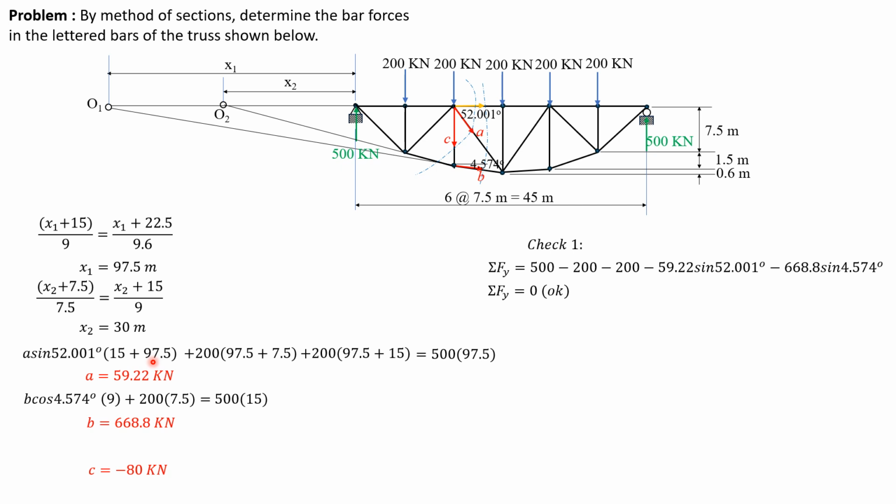Then plus this 200 here, 200 times quantity x1, 97.5 plus 7.5. Then plus the moment of this 200 kilonewton load, 200 times quantity 97.5 plus 15. Then equals the moment of this reaction, 500 times 97.5. So solving for A is 59.22 kilonewtons. Since this is positive, it is tension.